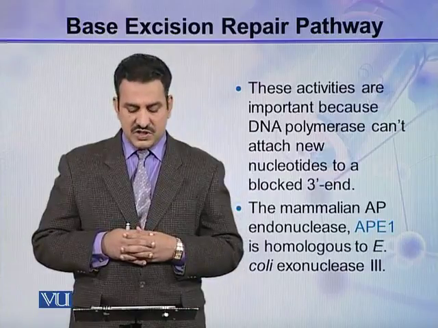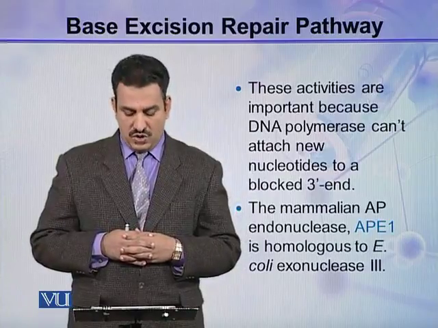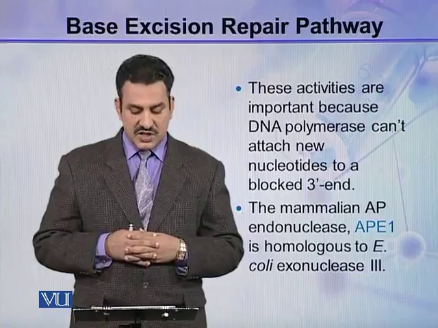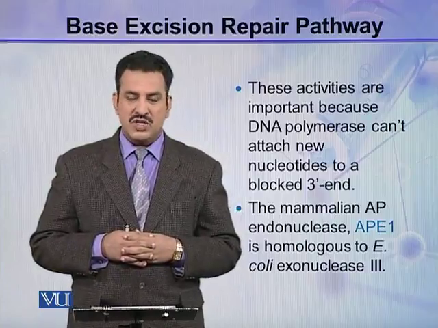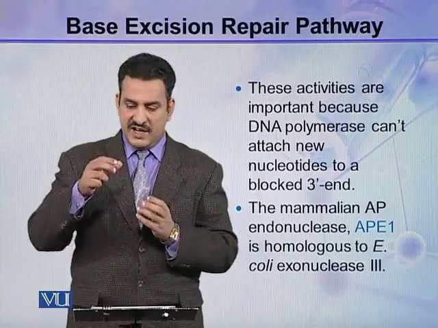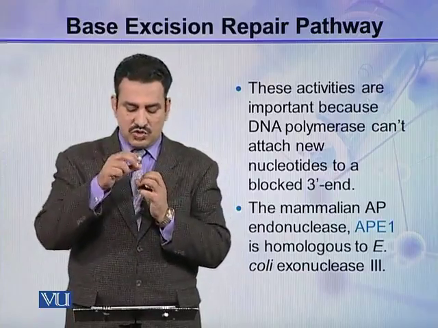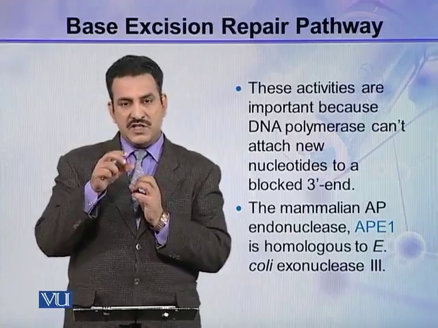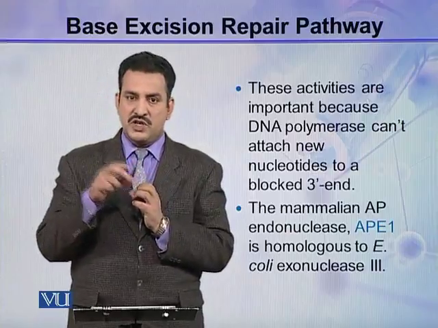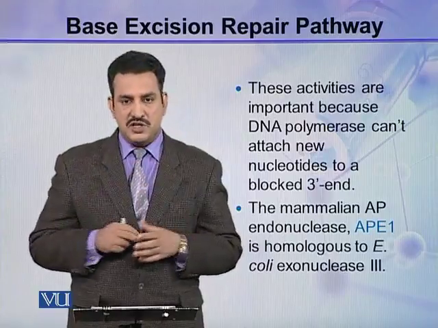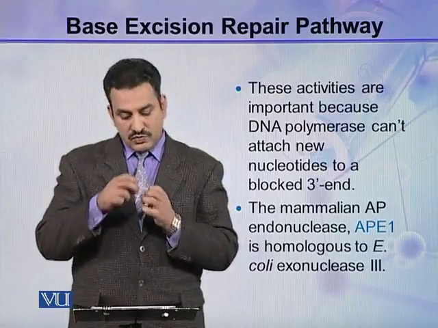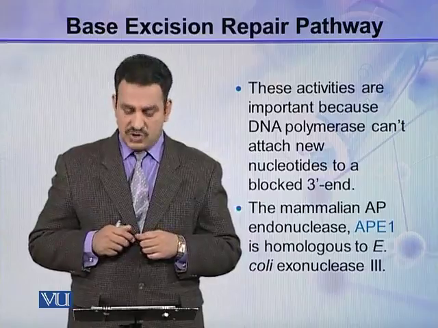These activities are important because DNA polymerase cannot attach new nucleotides to a blocked 3' end. This aldehydic group blocks the 3' end, and if it is present, new nucleotides cannot be attached here by the DNA polymerases. So the removal of this aldehydic group is essential.